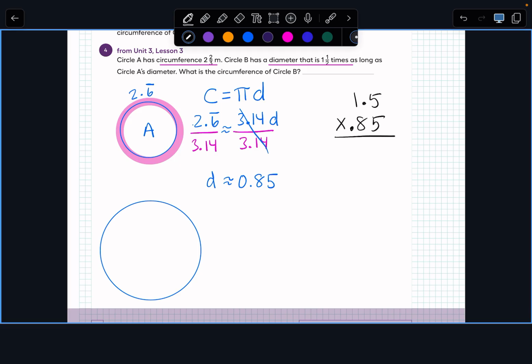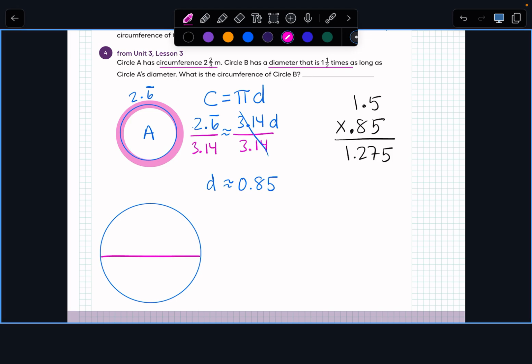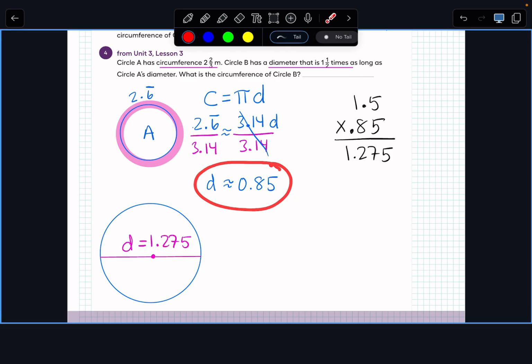So 1.5 times 0.85 is 1.275. So the diameter of this other circle is 1.275, again, because it was 1.5 times bigger than circle A's diameter.